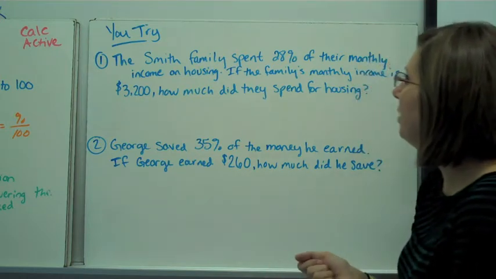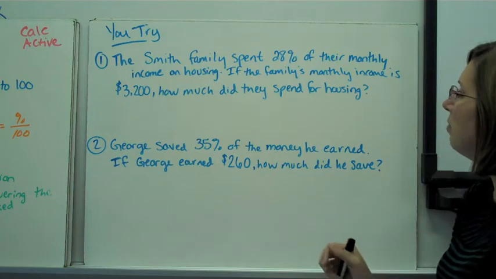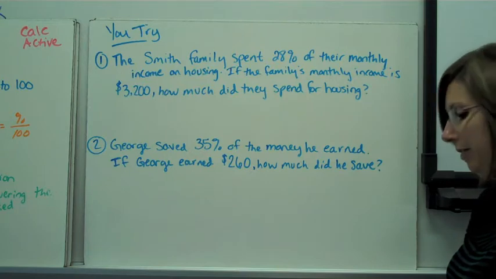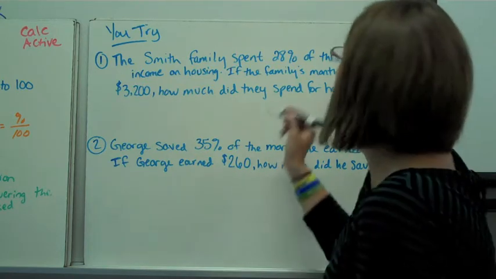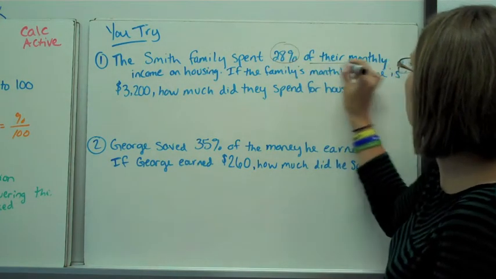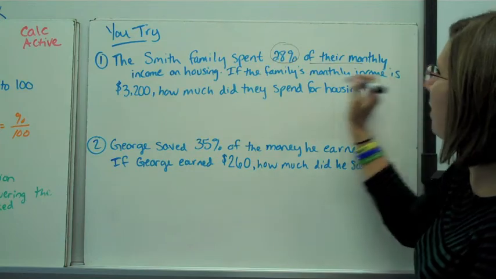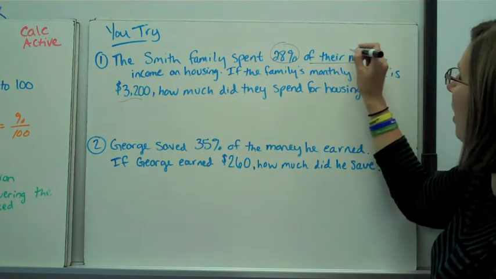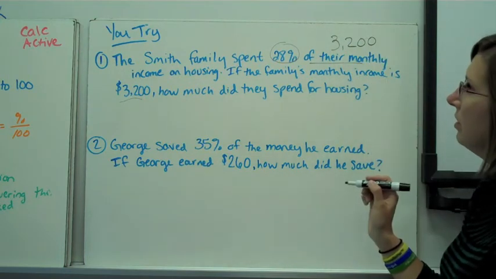Question 1, the Smith family spent 28% of their monthly income on housing. If the family's monthly income is $3,200, how much money did they spend for housing? So I'm going to say that this is my percentage. This is what of their monthly income. Their monthly income is this much. So the of is really $3,200.